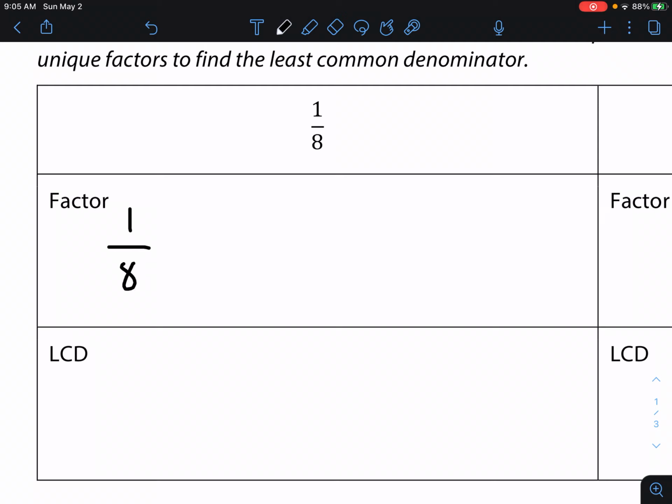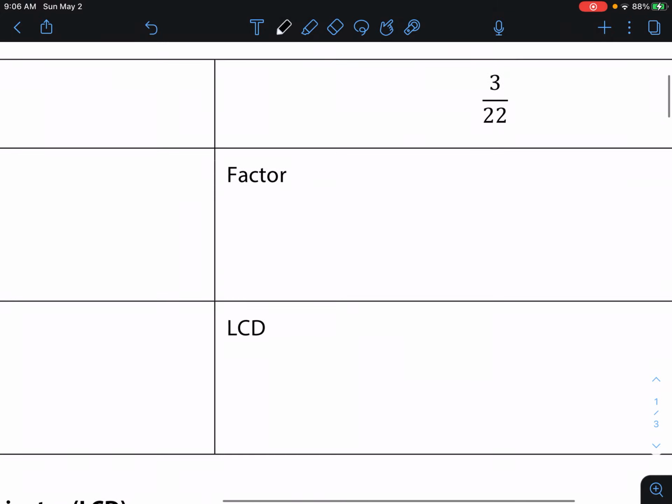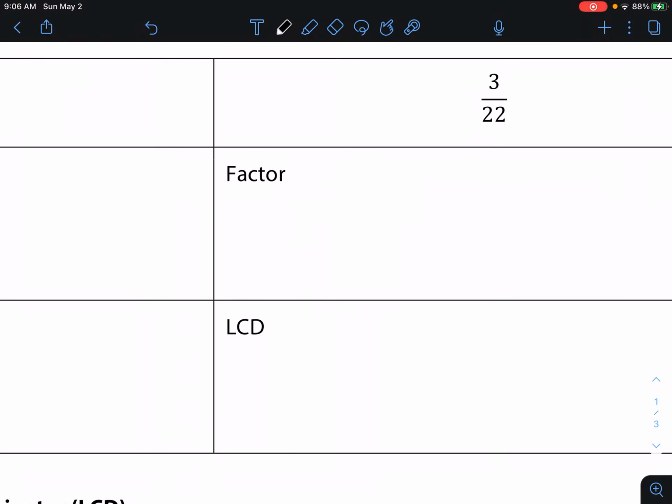So we know we can write it as 2 times 4, and that is a unique factor, right? Okay, so I'm going to leave this one like this, and then I'm going to go over to the other one, and I'm going to write this as 3 over 22, and then I'm going to factor the denominator and write it as 2 times 11.